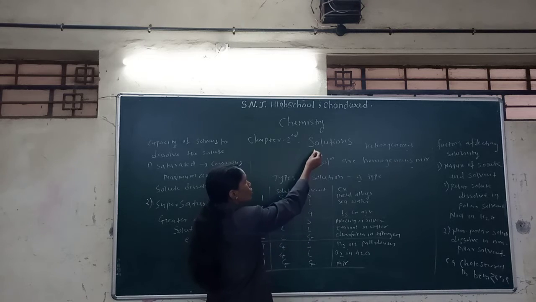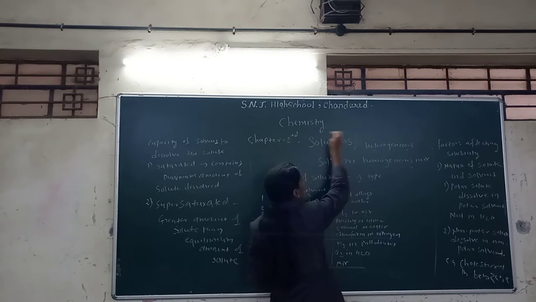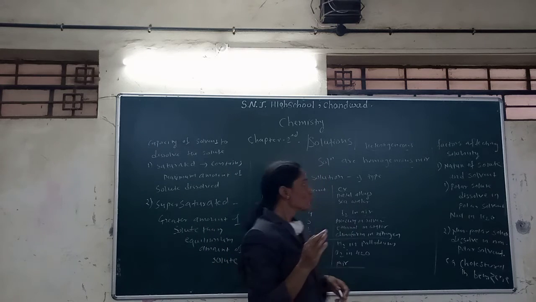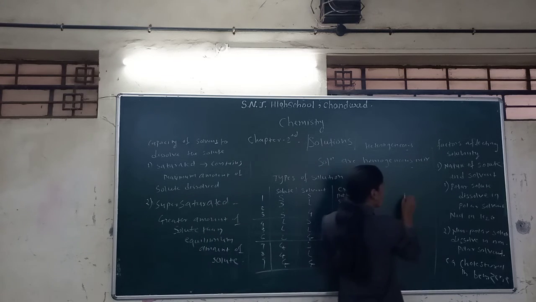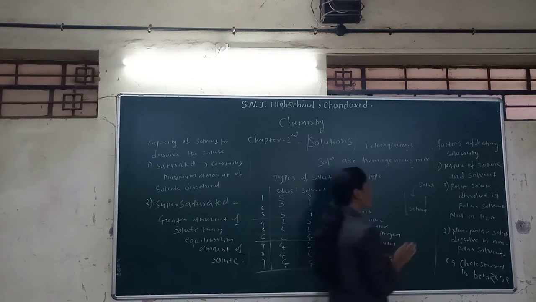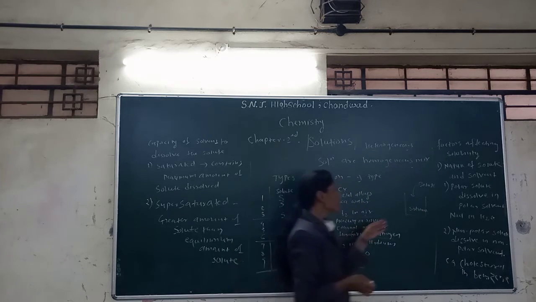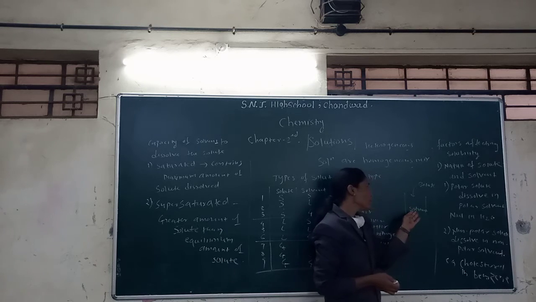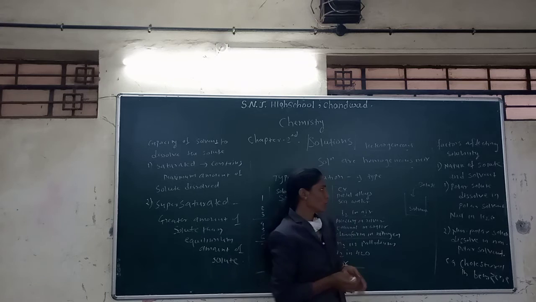Then solutions are made by the mixture of solute and solvent, that is, dissolution of solute in the solvent in a proper way. When solute is added to the solvent, it first dissolves completely, giving a saturated solution.